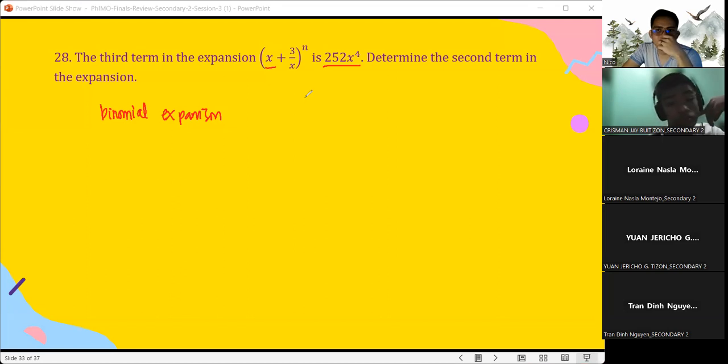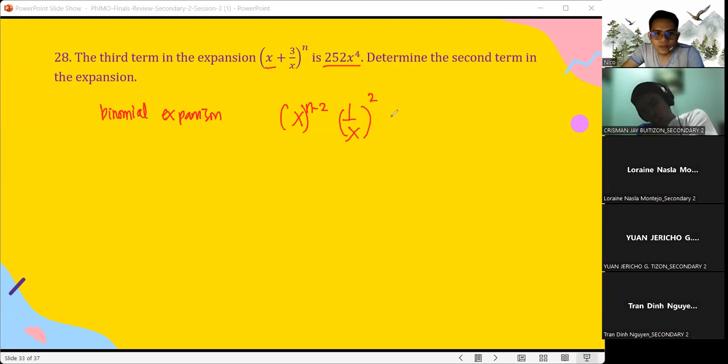So using the binomial expansion, we know that x to the n minus 2, and then 1 over x to the 2, is equal to x to the 4.